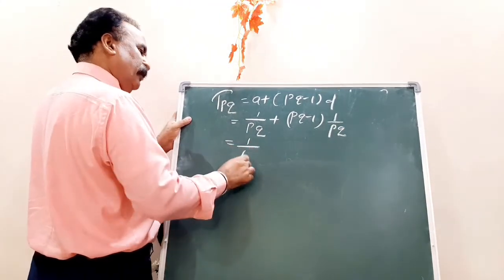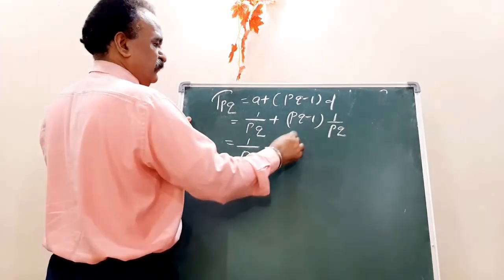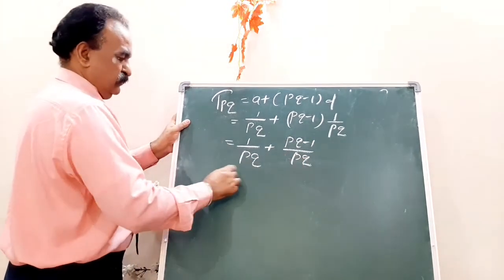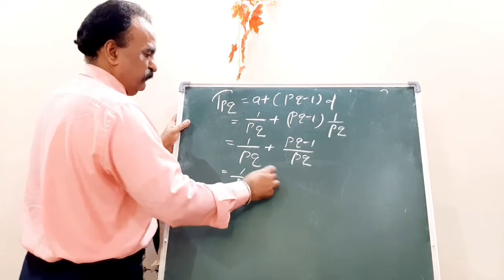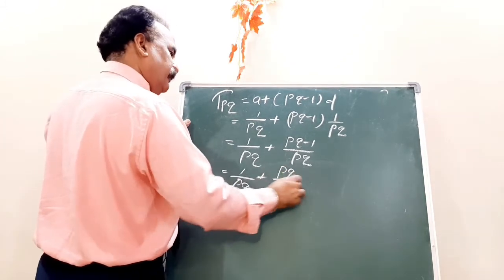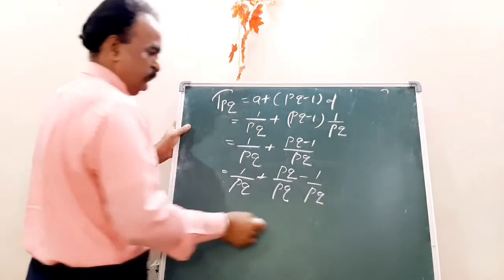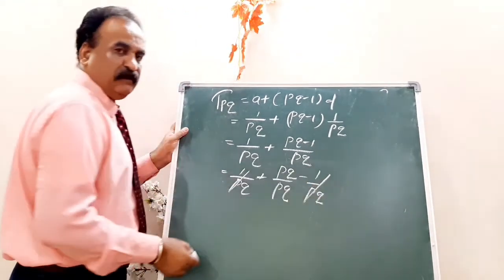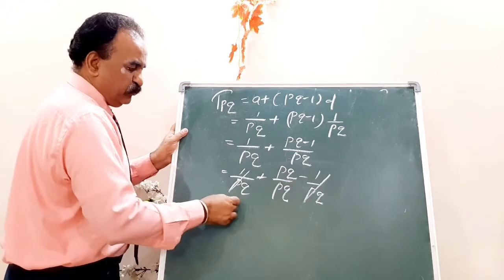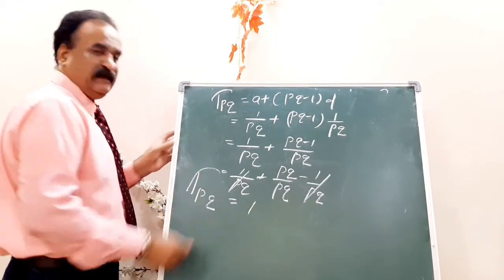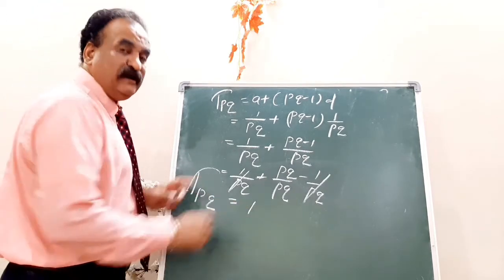So you will get 1 upon pq plus pq minus 1 upon pq. So 1 upon pq plus pq upon pq minus 1 upon pq. So 1 upon pq plus minus 1 upon pq cancel. And pq upon pq means 1. So the pqth term will be 1.